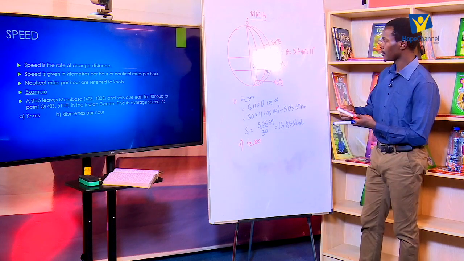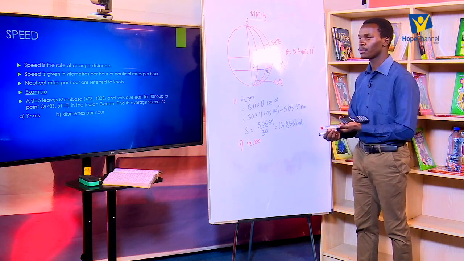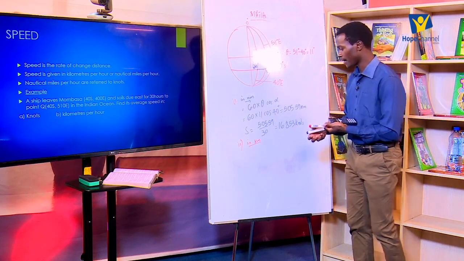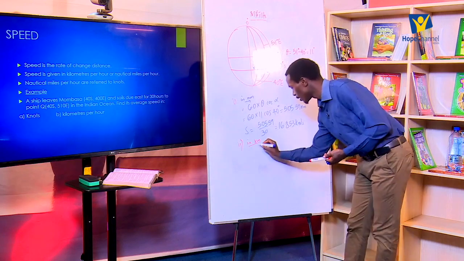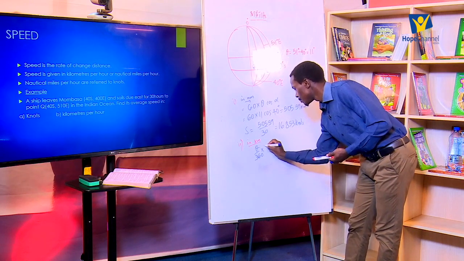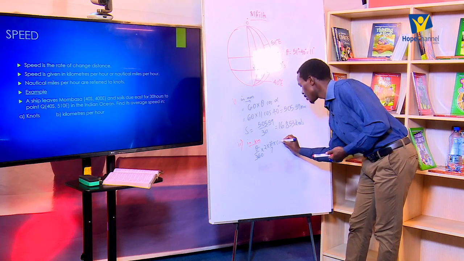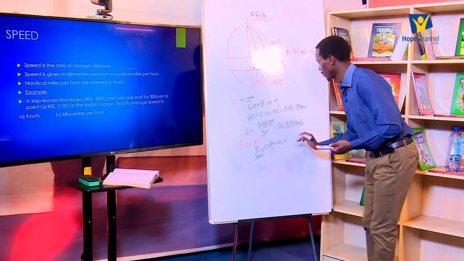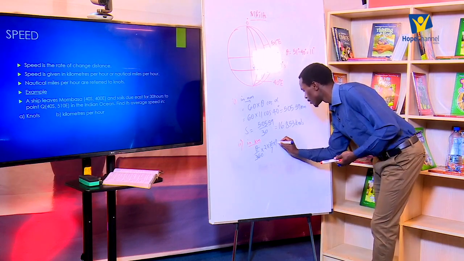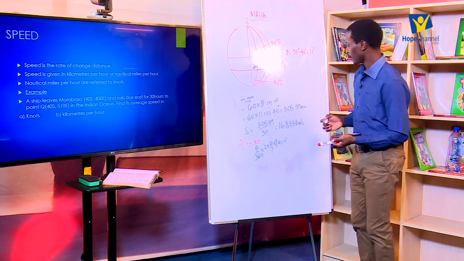In kilometers, remember to get the distance in kilometers, theta over 360 times 2 pi r, the cosine of alpha. Let me write the formula. Theta over 360 times 2 times 22 over 7 times r, the cosine of alpha. Now we're going to substitute.